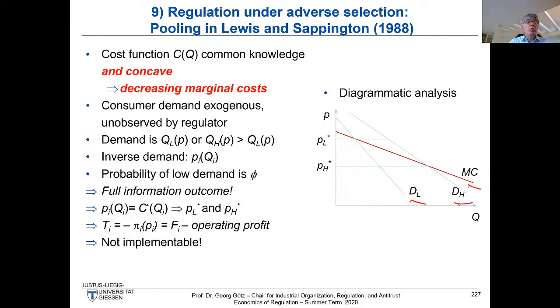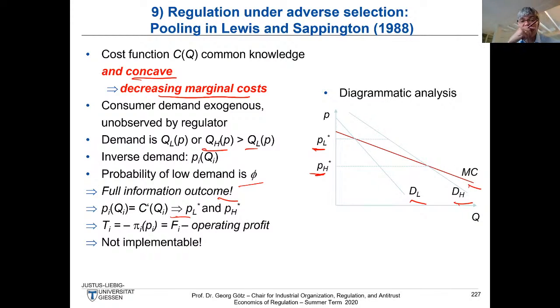Okay, and what you immediately see here, these are the concave, decreasing cost functions, which lead to decreasing marginal cost. You see that pi L is greater than pi H, even though high demand is higher, and the probability of low demand is again phi. That's just taken from the previous example with the increasing marginal cost, where we just set the first best prices, price equal to marginal cost.